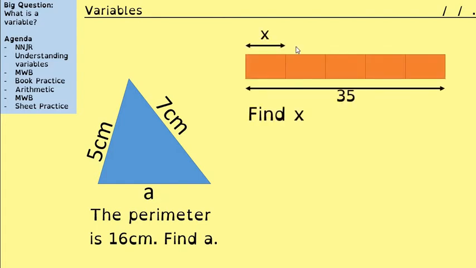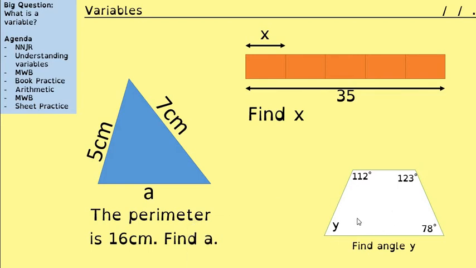In this question, we have a bar model diagram where we can see that the length of those 5 bars is 35, and we want to find x, which is one of the bars. Now, x in this question at the moment is an unknown. We do not know it. So we represent that with a letter in algebra. And this last question is an angles question.